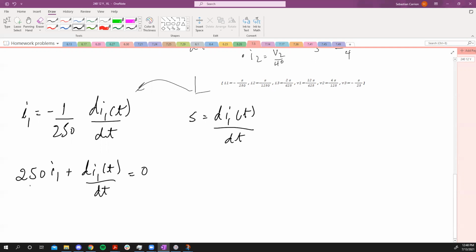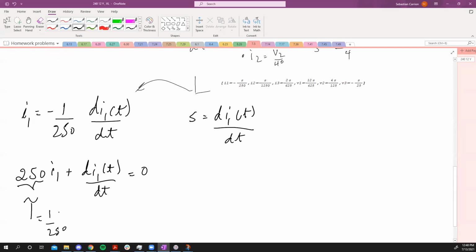And so tau is going to be equal to 1 over 250. Yeah, so that's going to be our tau, 1 over 250, and use that.